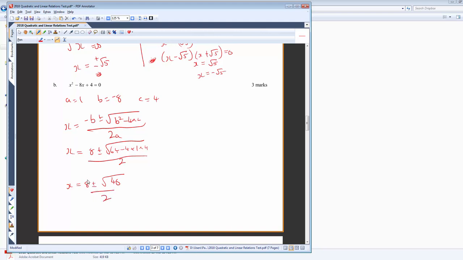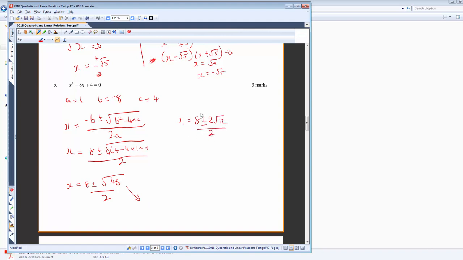Now many students left it at this point, but it's implied that what you've got to do is simplify this. So what we're going to do is simplify the surd. So I'm going to say that x equals 8 plus or minus, and 48, I'm just going to do root 4 times root 12. So 2 root 12 over 2.